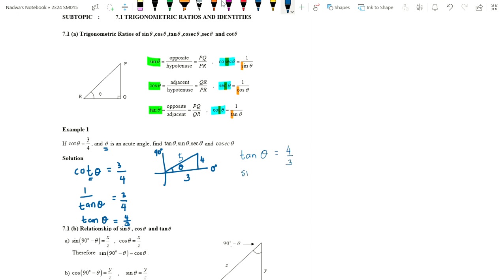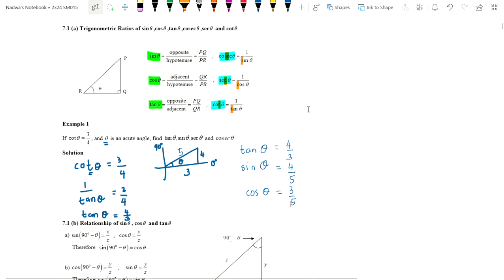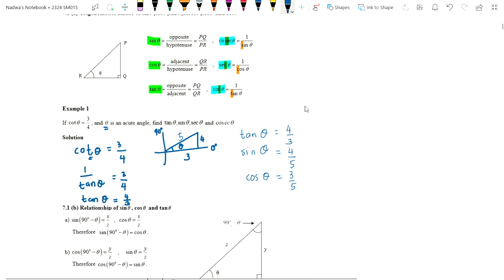Sine theta would be equals to 4 over 5. And cos theta will be equals to 3 over 5. Alright. So that is our tangent, sine and cos, but the question asks us to find secant theta and cosecant theta.